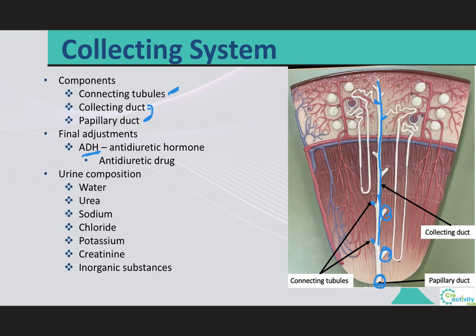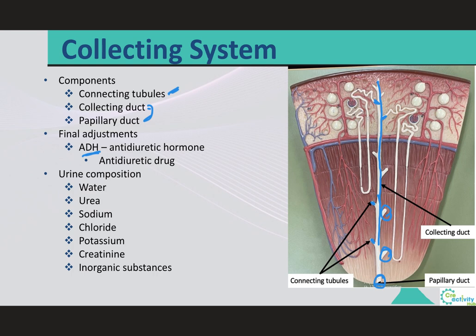So, for example, if you're dehydrated, then antidiuretic hormone will allow these structures called aquaporins, which basically mean water channels, to be inserted into the epithelium, allowing water to be reabsorbed back into the blood. Remember, the medulla is usually salty, meaning that there are high levels of sodium and chloride. So if water is given the opportunity to leave, it will.